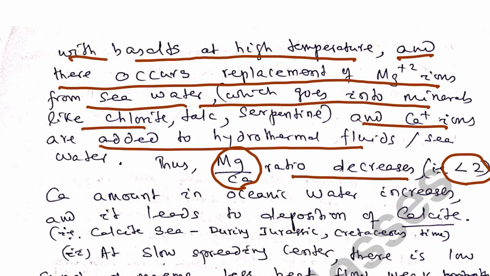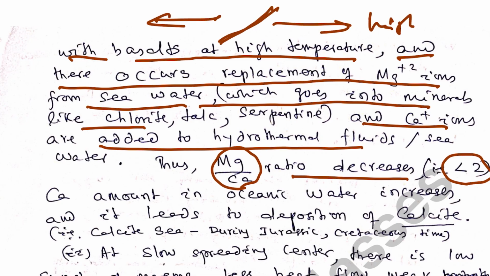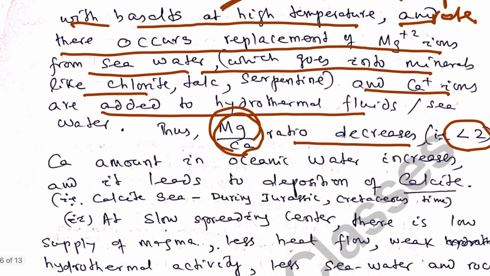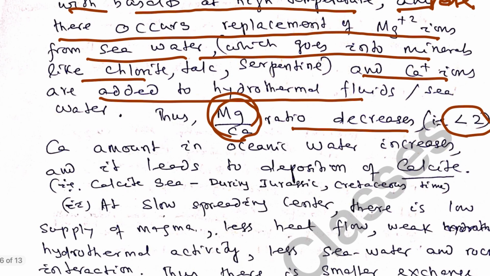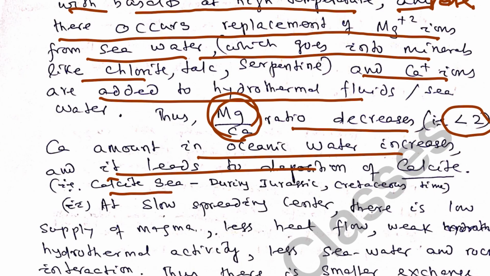This occurs in high spreading ridges, where the spreading rate is very high. There we find this ratio to be low, and it leads to calcium rich oceanic water, as a result of which the sea becomes a calcite sea, as we find in the Jurassic and Cretaceous periods.